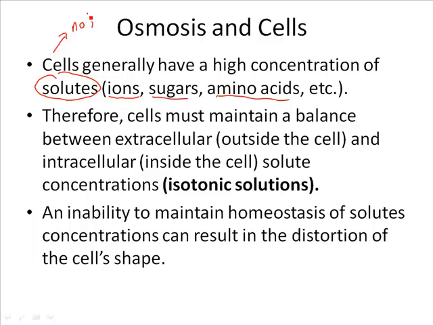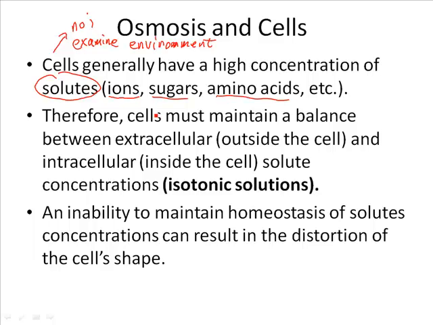The only way to establish if a cell is hypertonic is to examine the environment. So is the environment hypertonic or hypotonic compared to a cell? We have to establish that.